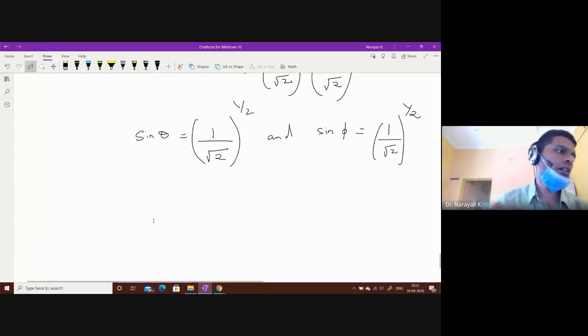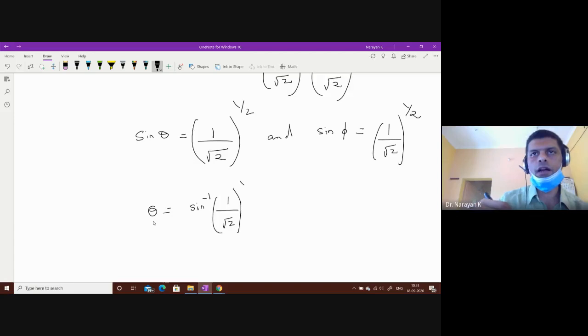So all you have to do is now theta is equal to sine inverse of 1 upon root 2 raised to the power half, and similarly phi will be equal to sine inverse of 1 upon root 2 raised to the power half.